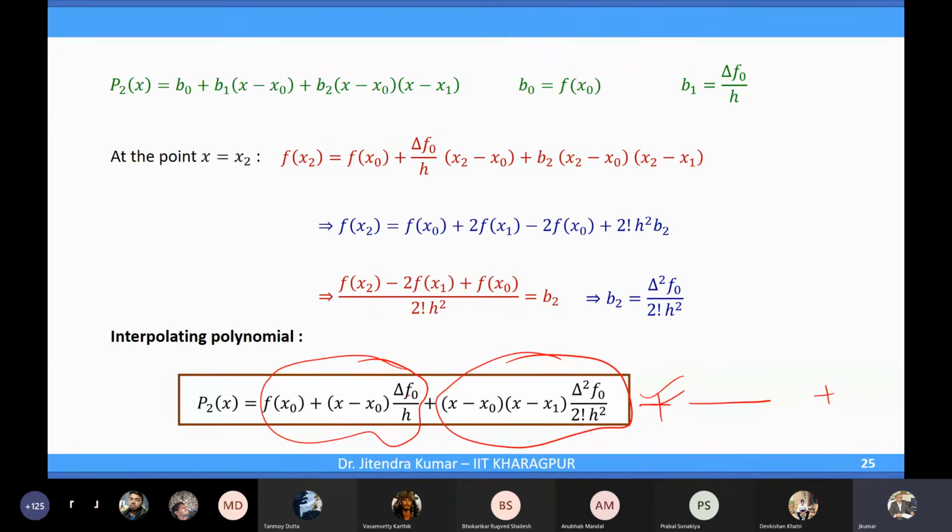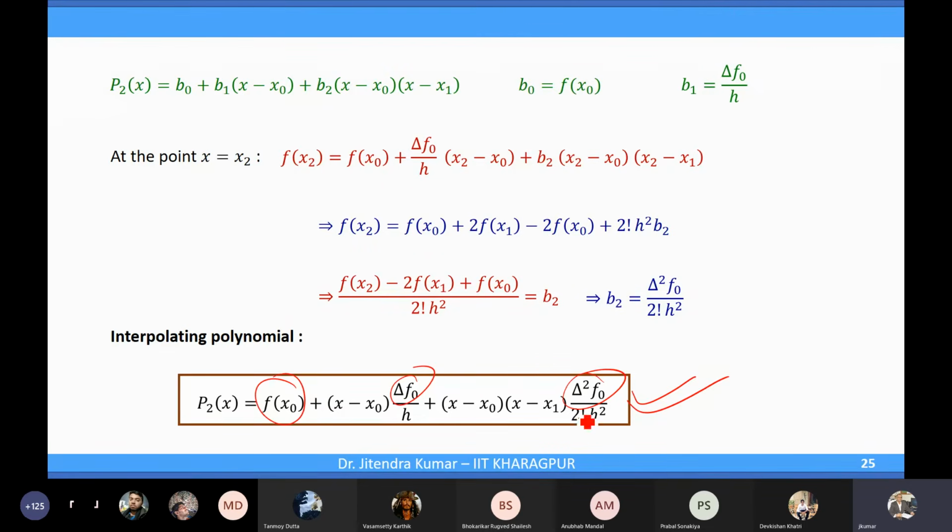Fourth degree will have one more term added to this expression only, nothing else. Once this interpolating polynomial formula is known, you will just put the values f(x0), delta f0, delta 2 f0 from the table, and everything is known. Then you have the quadratic polynomial directly without solving any system or any other equations, right?